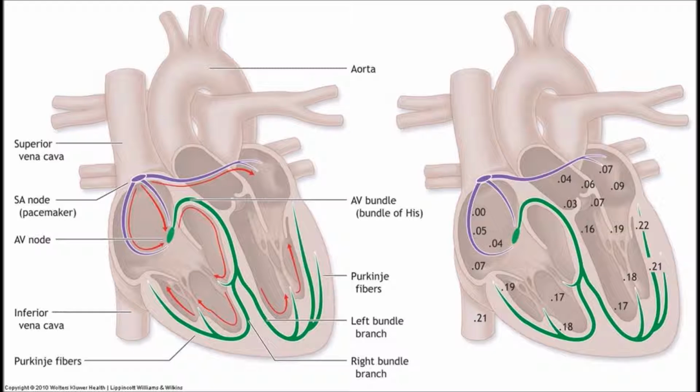However, sometimes the system becomes faulty, and cells contract independently, and this results in rapid, irregular contractions of the ventricle, called ventricular fibrillation. This renders the ventricles useless as pumps, and circulation stops.